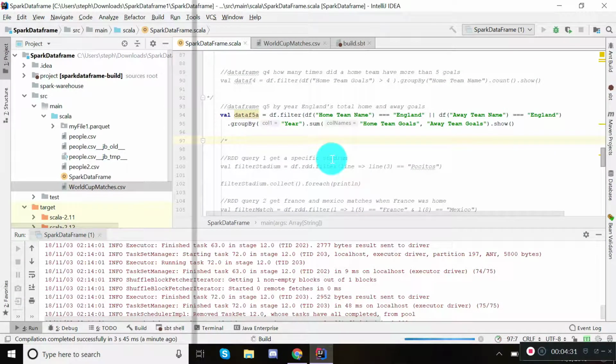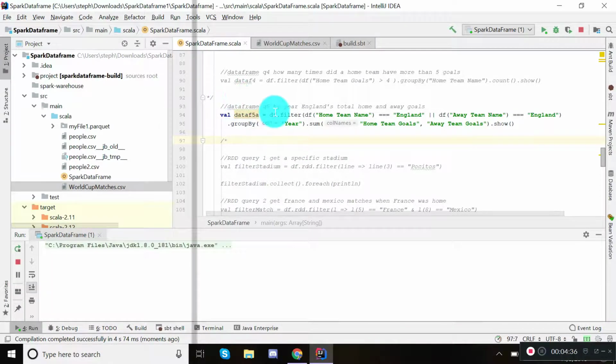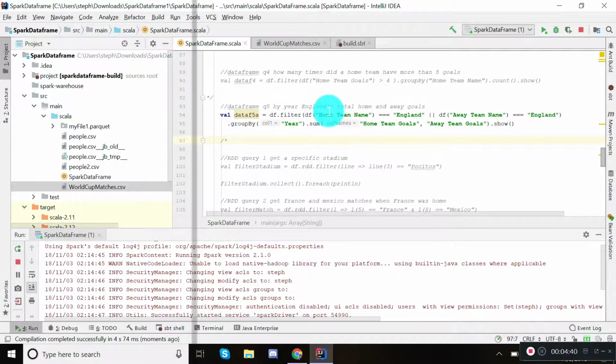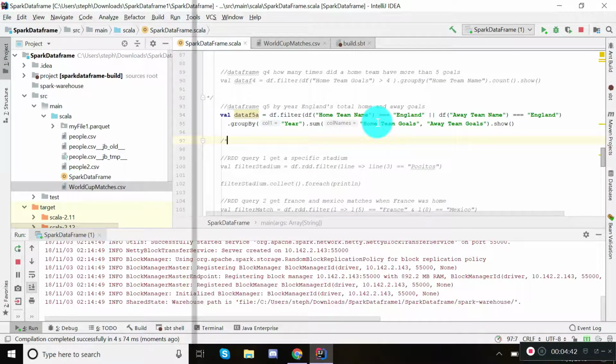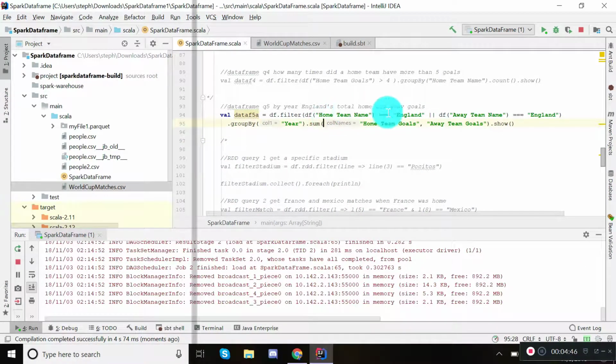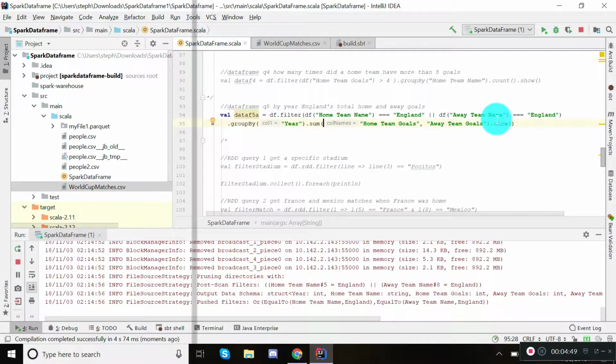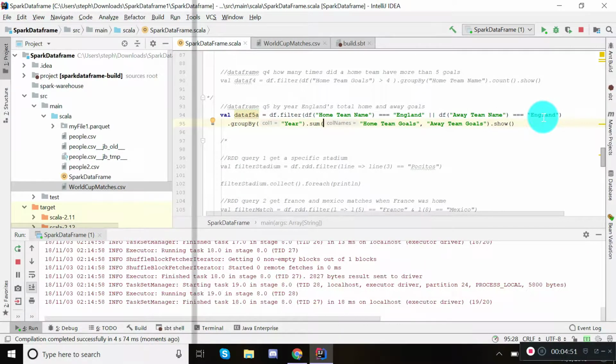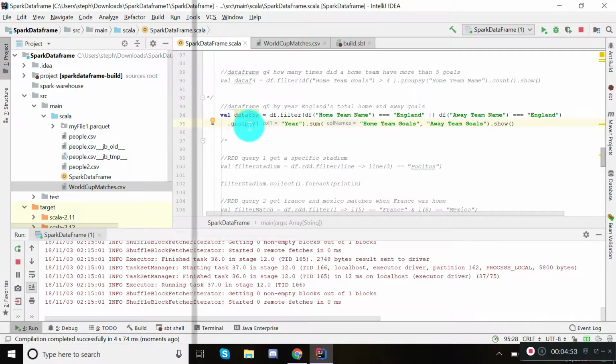Query 5 is, just ignore the 5A, I was breaking it up. So DF, we're filtering it by the home teams again, but this time we want England, so we only care about England. So we're looking at when England was at home and when England was away. So all of England's matches.